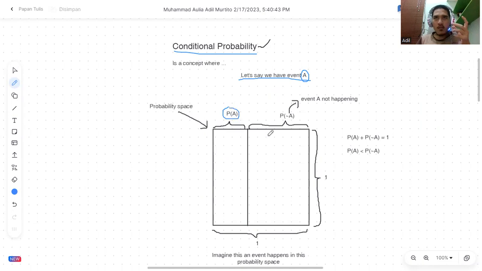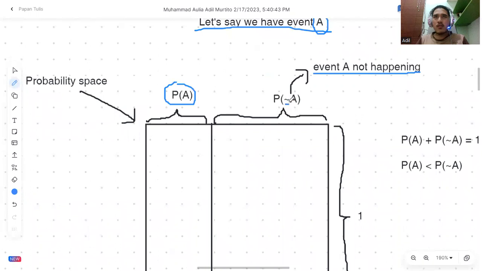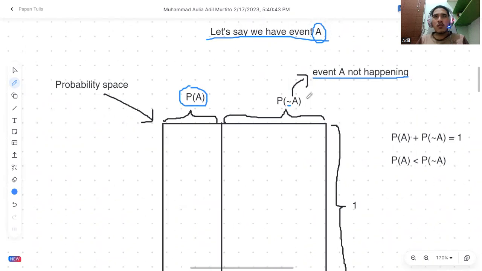And the probability that event A is not happening is denoted as P(¬A). This notation here means negation, where it means that event A doesn't happen.